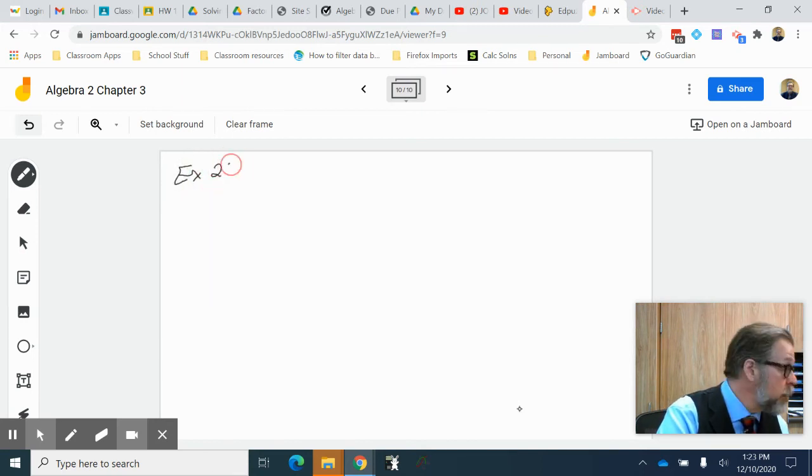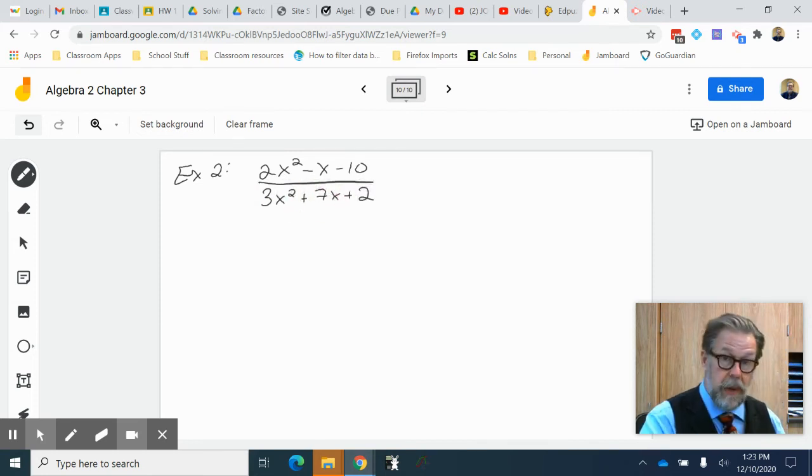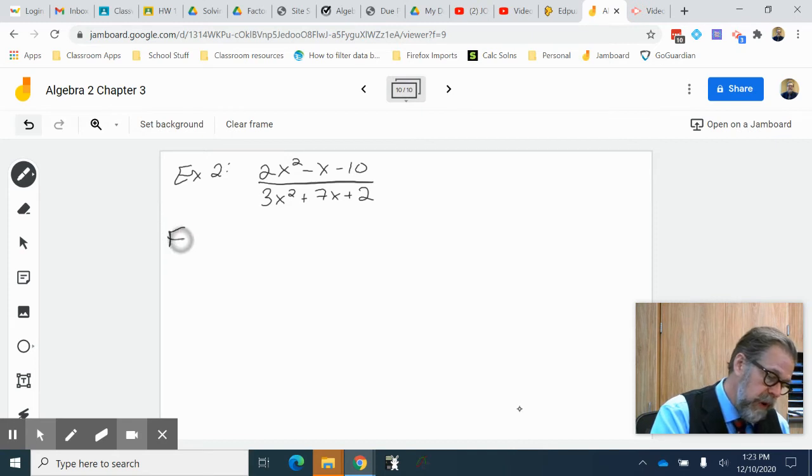Example number 2. 2x squared minus x minus 10 all over 3x squared plus 7x plus 2. So step 1, always step 1, factor. What have I got? I got 2x, I got x. I'm going to say probably 5 and 2.